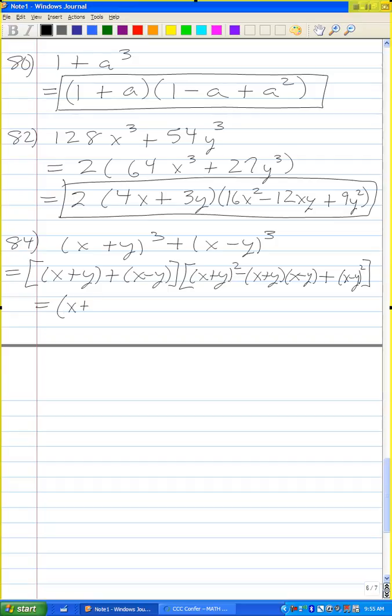And so this is equal to, well, let's simplify this. This is just x plus y plus x minus y times, let's multiply this out.